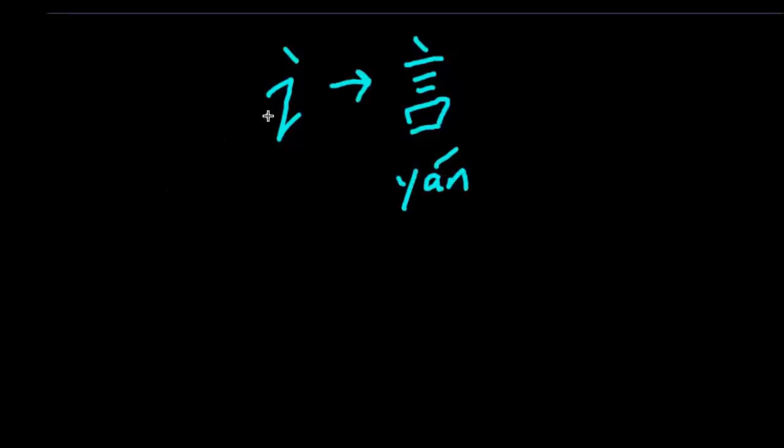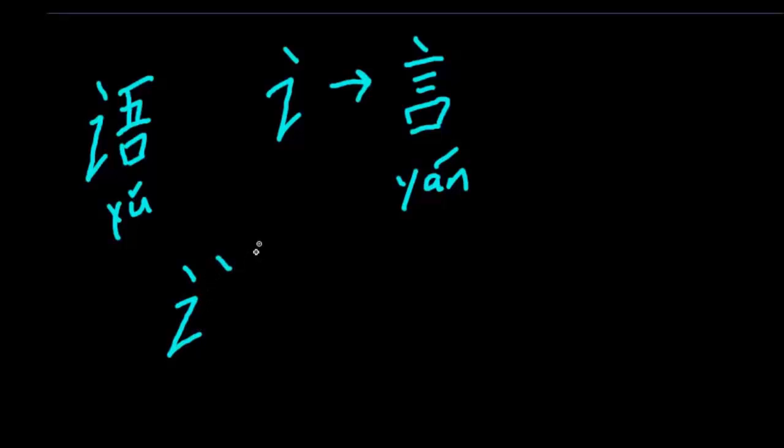Yan. So this radical, let me put a couple examples on here. This is yu, right? And this means language. So if I wanted to say English, I say Yingyu, Chinese Hanyu, German 德语, 法语, so on and so forth. It gets used a lot.